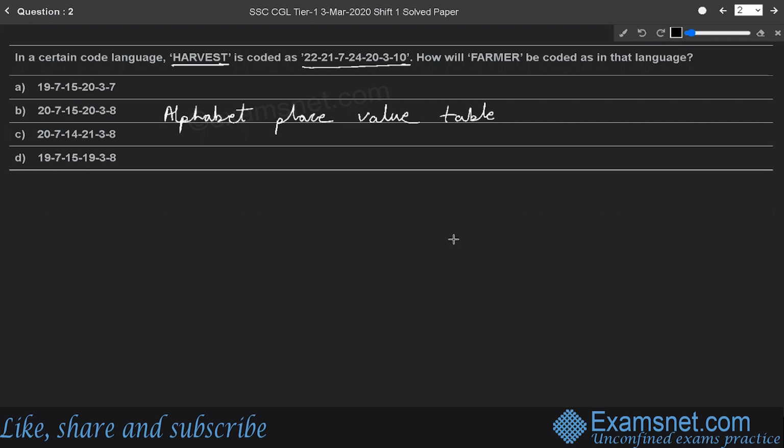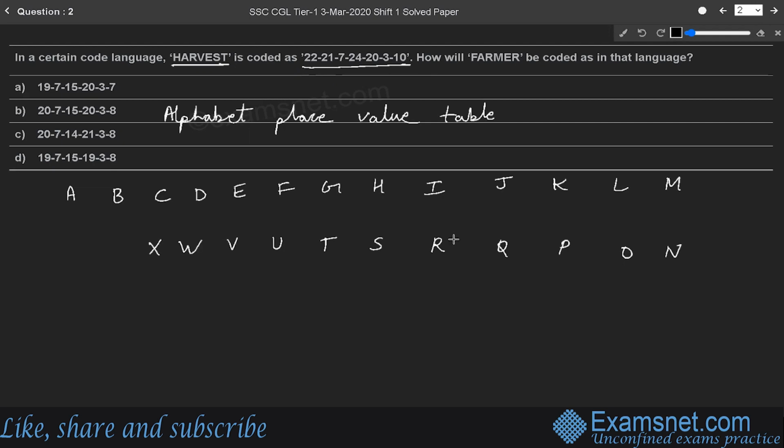First, let us write all the alphabets. A, B, C, D, E, F, G, H, I, J, K, L, M, N, O, P, Q, R, S, T, U, V, W, X, Y, and Z. Now we have to write their place value.